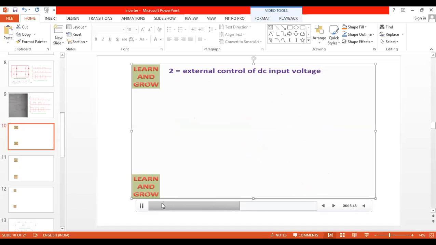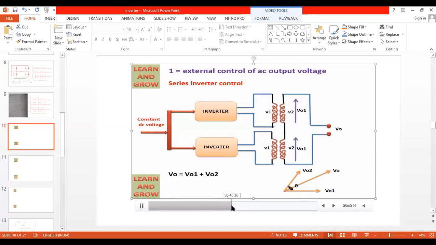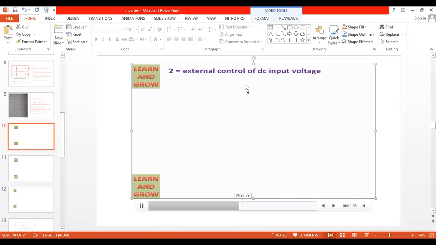So that is what we can show for series inverter control. The output voltage is the resultant of both the inverters, inverter 1 plus inverter 2. Again, I can say these are very old techniques. The latest technique is the pulse width modulation technique, which we have done. But in this examination, you will get this question: what is another technique, another method, of external control of DC voltage?